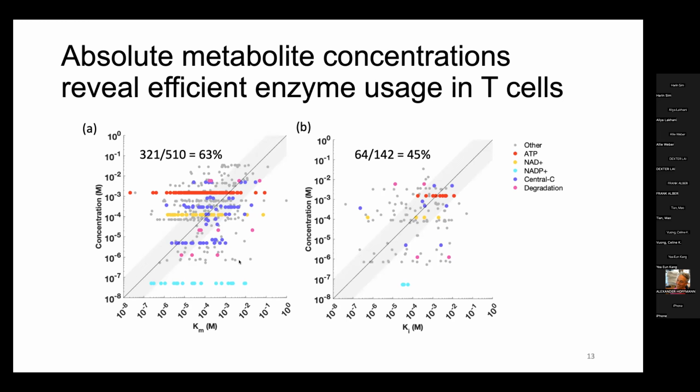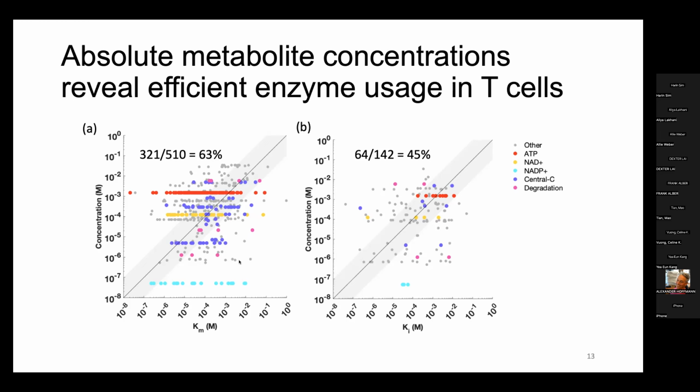And what we saw was that 63% of the metabolite concentrations lied above the Km values for metabolic reactions, which indicated a high enzyme substrate binding site occupancy and efficient enzyme usage. Conversely, less than 50% of reactions had inhibitor concentrations above the Ki values, which indicated that inhibitor sites are less saturated than enzyme binding sites. So this is just to give you an idea of how someone could use these concentration measurements to get really predictive information.